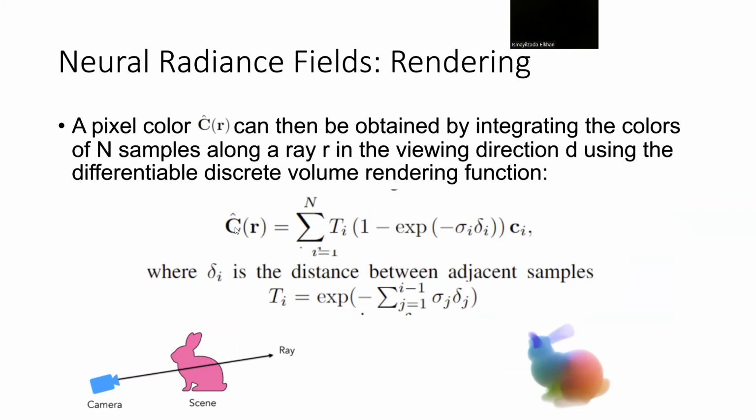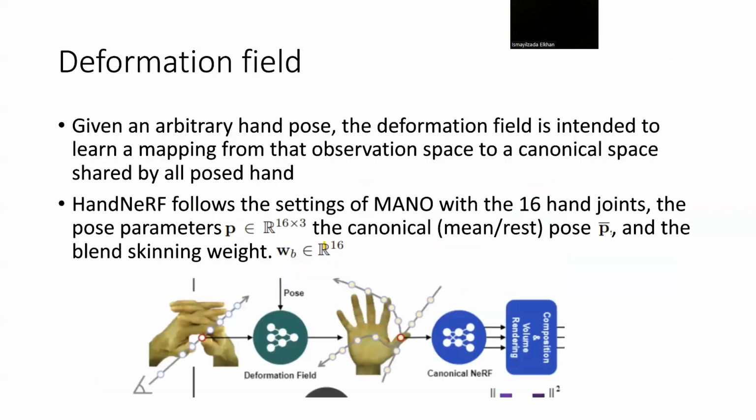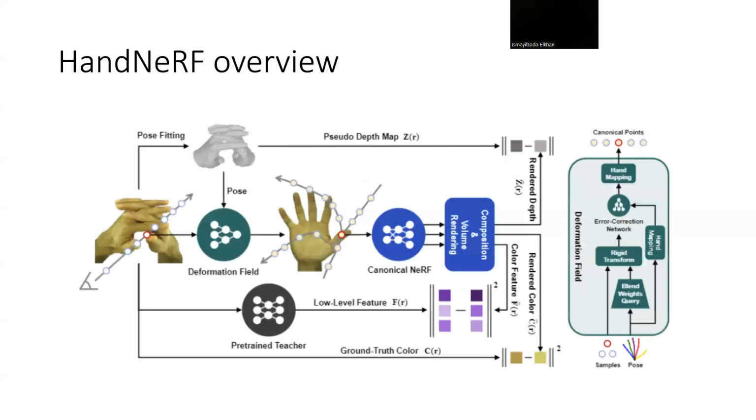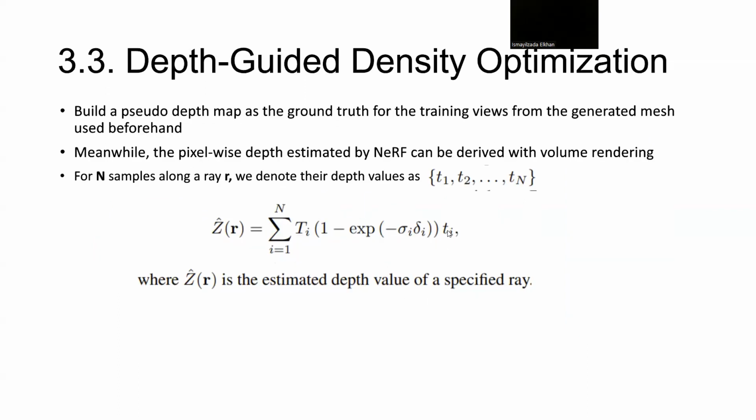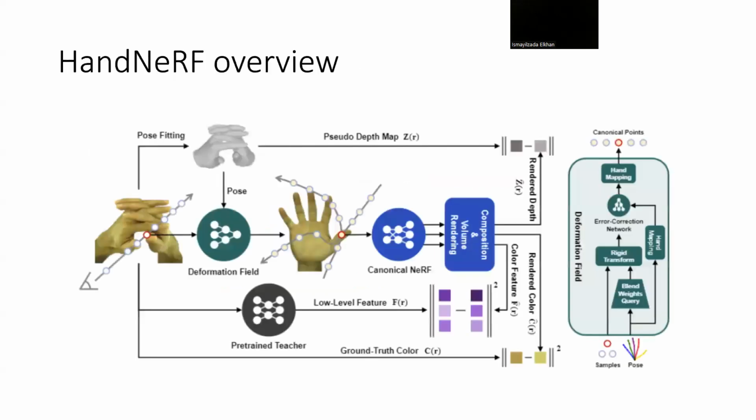But in here, the only difference is that you replace the color with T, which is denoted as the depth. And when you integrate over it, you get the estimated depth. So the depth part has also been covered.